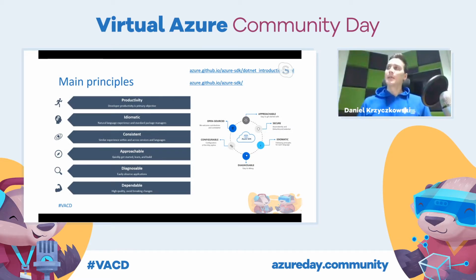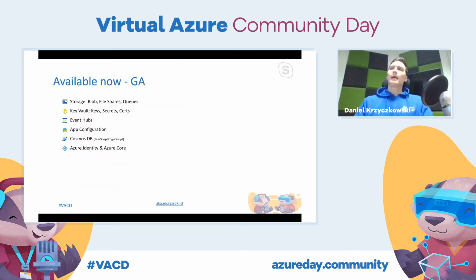And there are also some links, as you can see on the slide, and I will show you those links because they are connected with the new Azure SDK guidelines. And right now, I would like to also mention some generally available libraries, so you can use them right now, and they are related with the new Azure SDK.